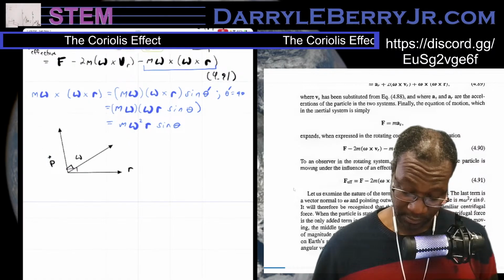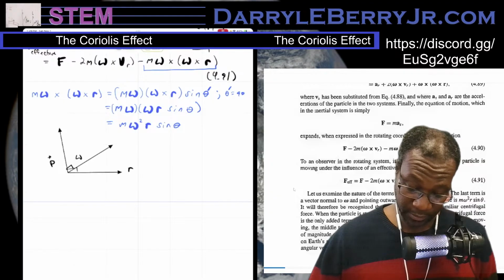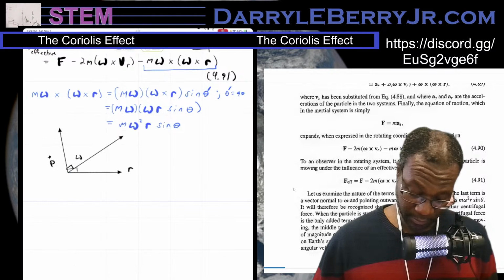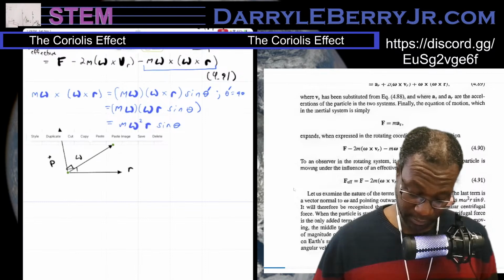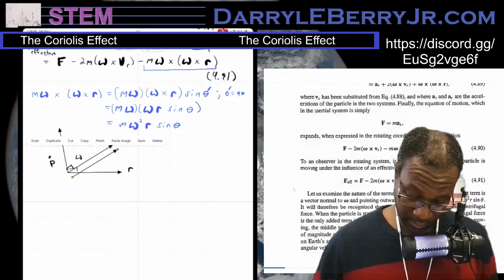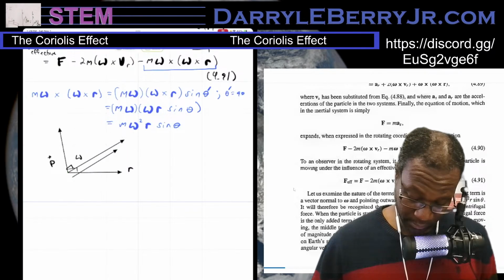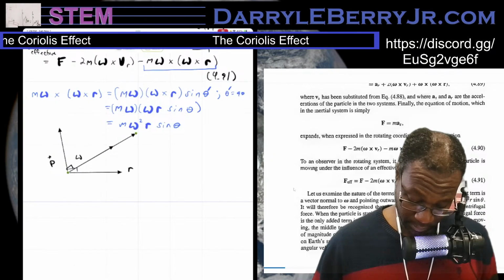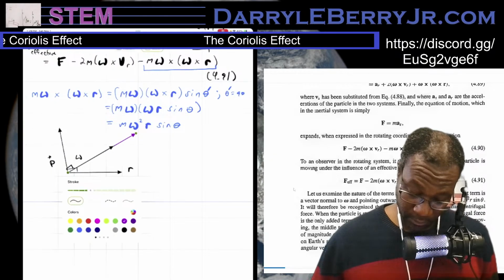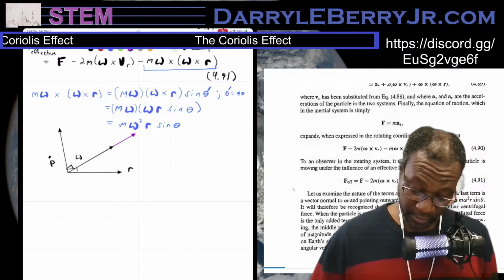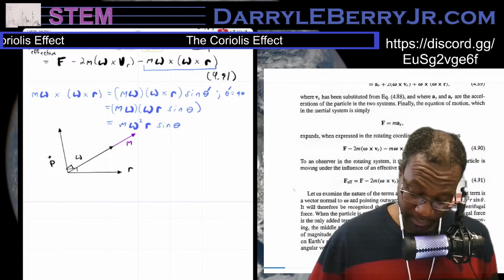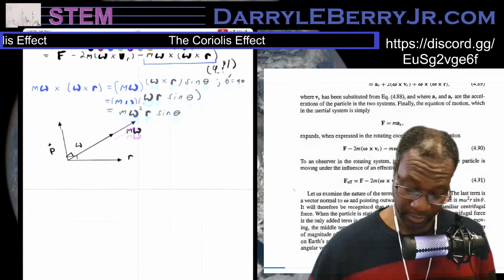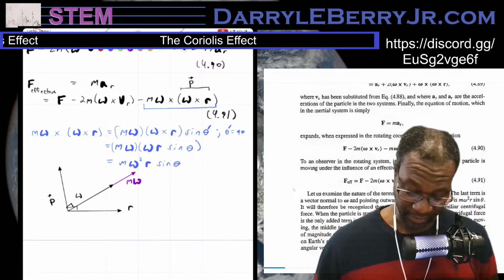And m omega, which is just the omega vector scaled, because there's an m scaling the omega vector.